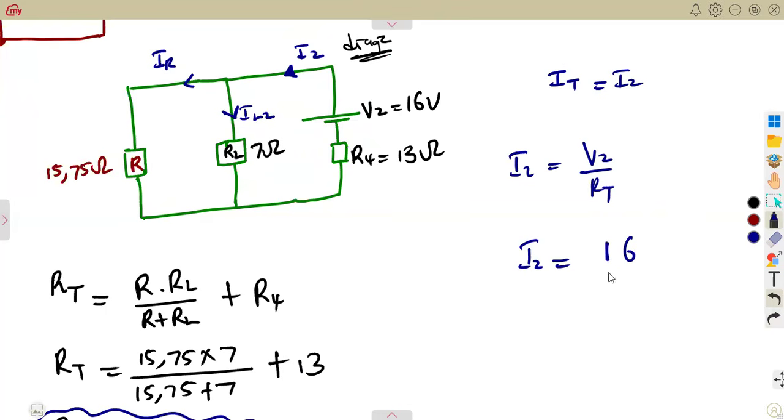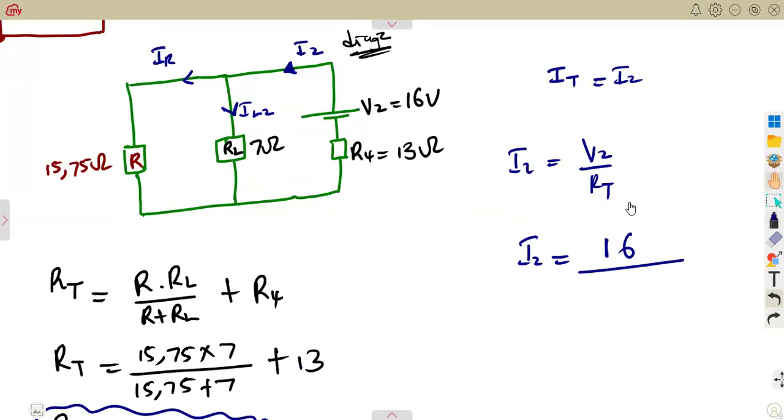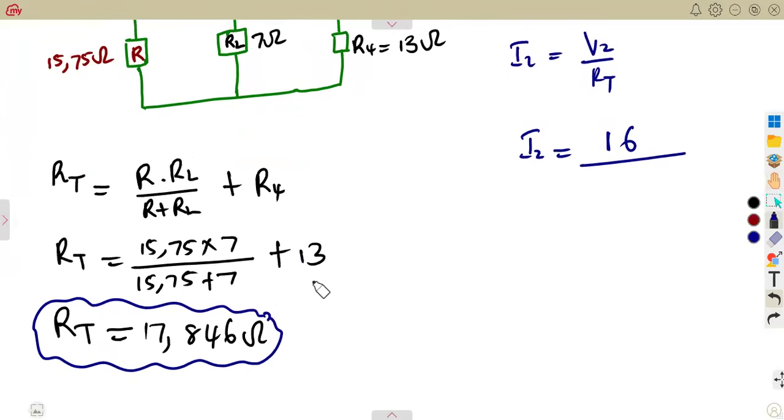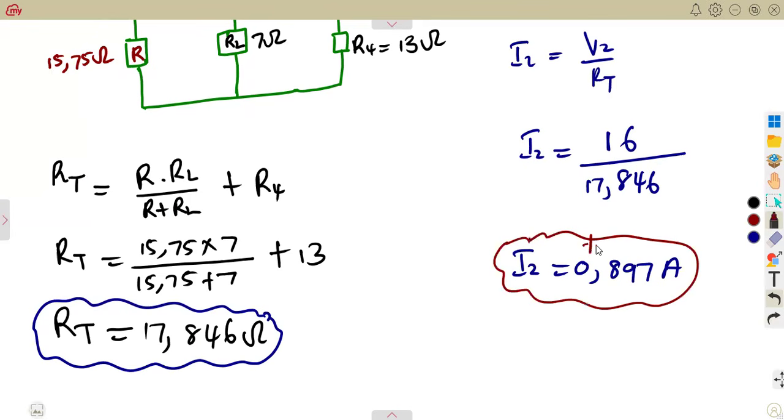Our total voltage is 16, over the total resistance, which we calculated as 17.846. That gives us I2, representing the total current of this network, which is 0.897 amps. So there we have I2, which is the total current.